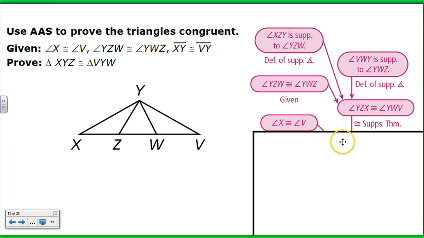congruent supplements theorem. So if this angle is congruent to XZY, and YWV is congruent to ZWY, then we know that YZX is congruent to YWV.